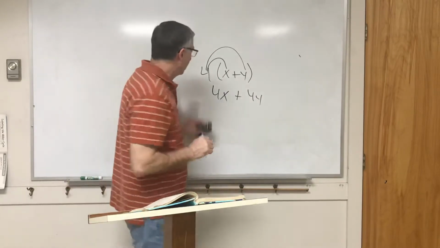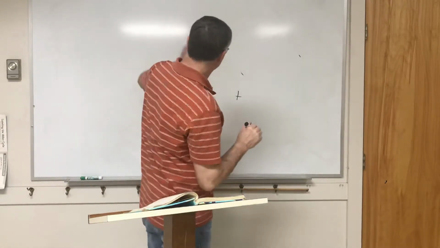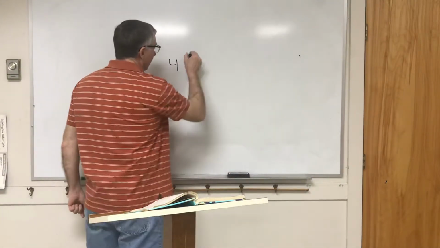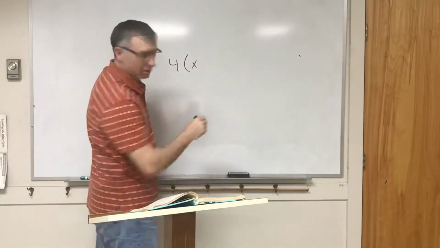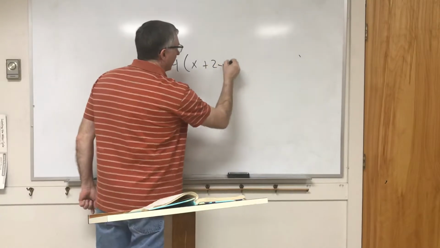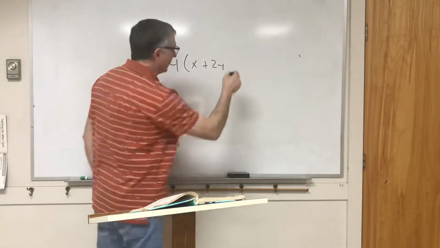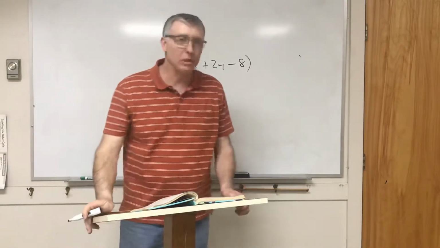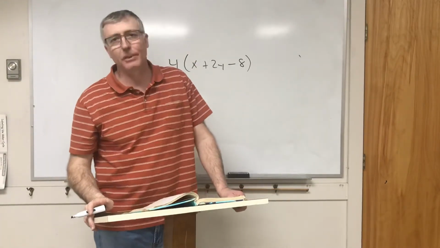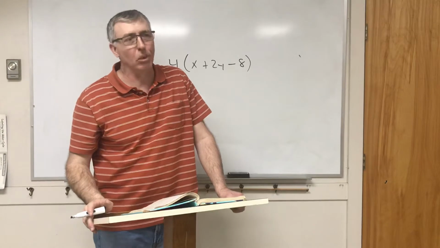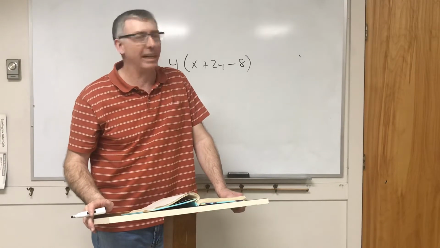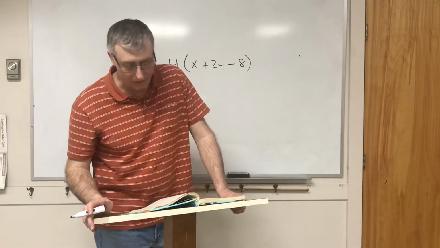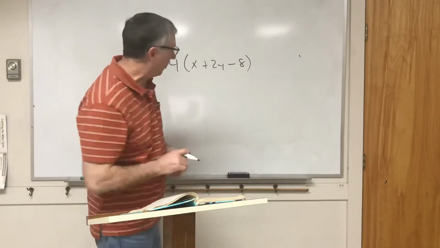Okay, so let's use this distributive function some more. So we have 4 times x plus 2y minus 8. When we multiply, that is different than combining like terms. When you multiply terms, you can multiply any term. And so that is different than what we were doing in 91.